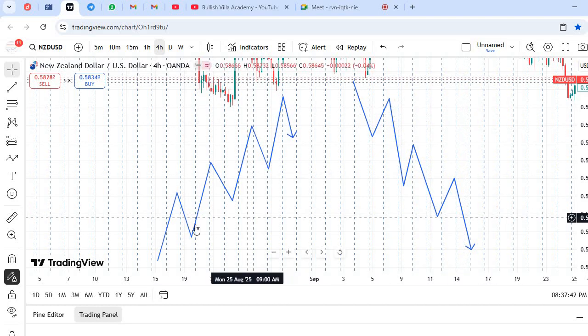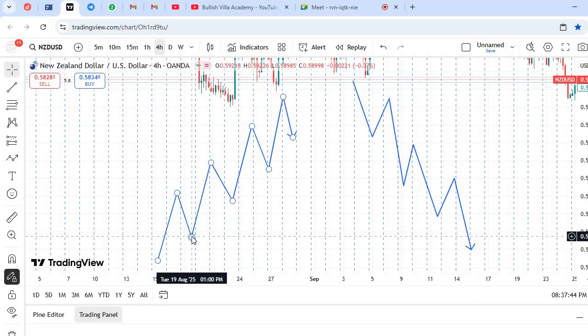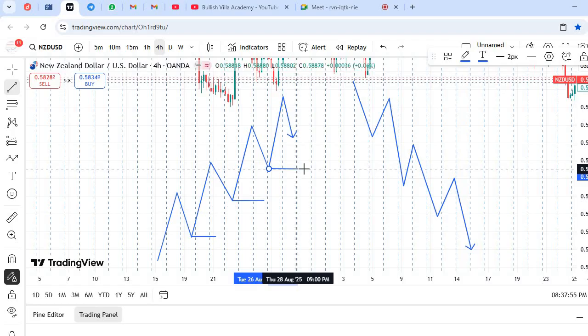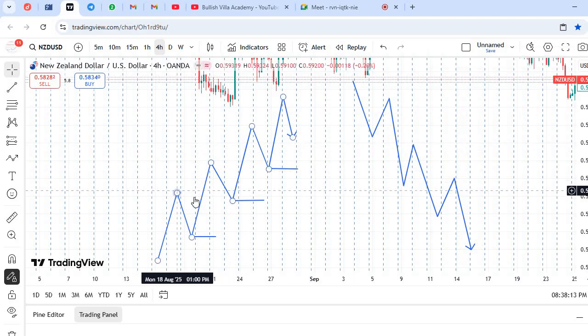Like I said yesterday, these are the higher lows. Please pay attention. Understand? These are the higher lows. Now, these ones are the higher highs. What did I say about higher highs? They are weak highs, and they will be taken out.